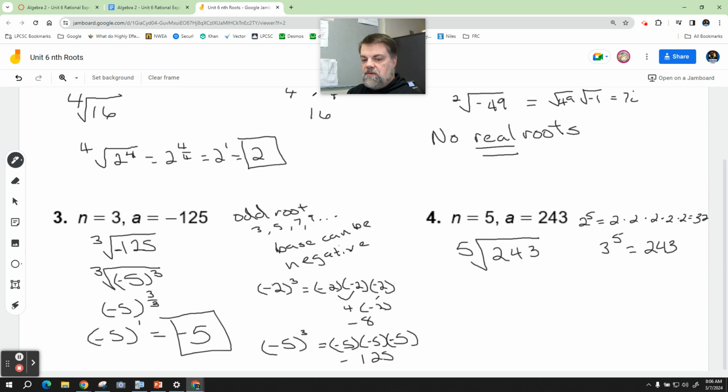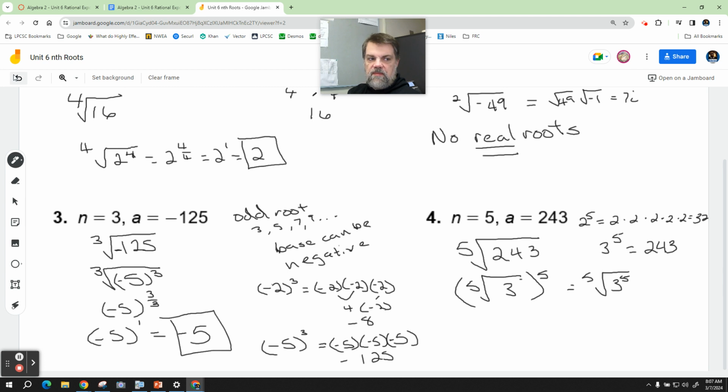All right, cool. So we rewrite this as the 5th root of a new base, which is 3 raised to the 5, and you could write it like this too, remember. That's the same as the 5th root of 3 raised to the 5.